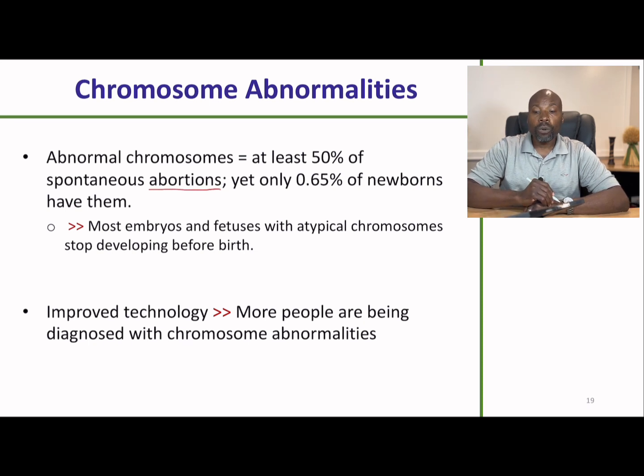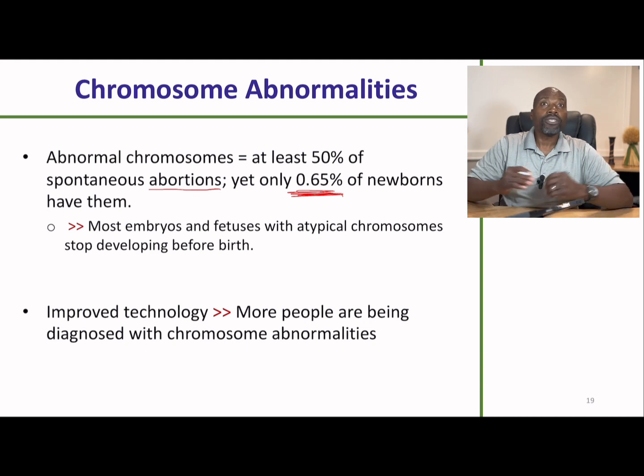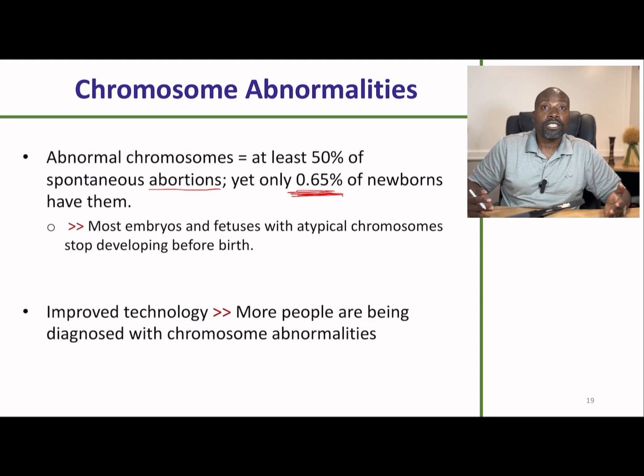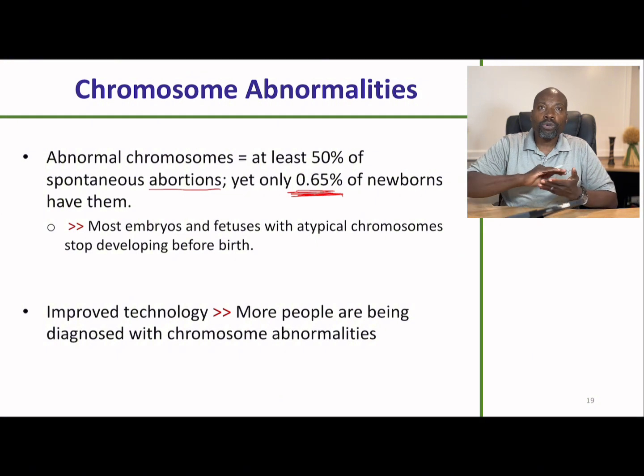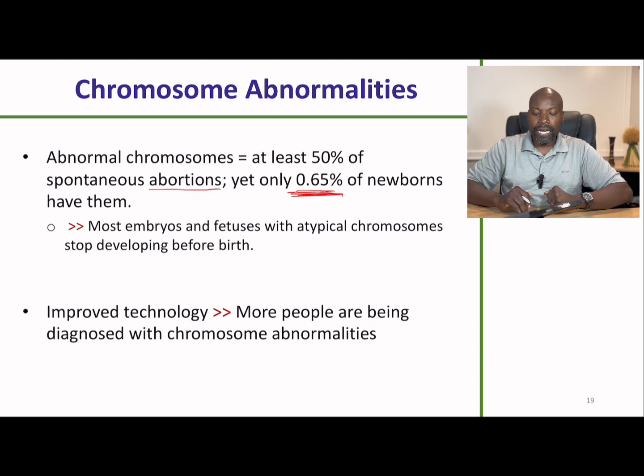Okay? So you only have a very limited amount that is viable, right? So that really most individuals are normal. So this speaks to really how well our system works at trimming abnormalities, right? So that these abnormalities are not found persisting in a population. Okay?